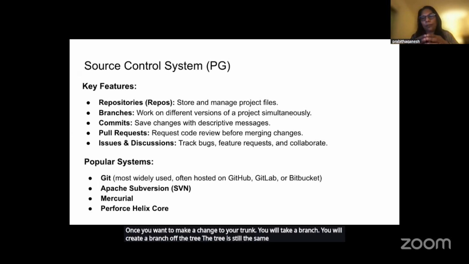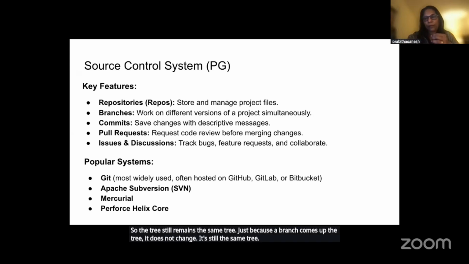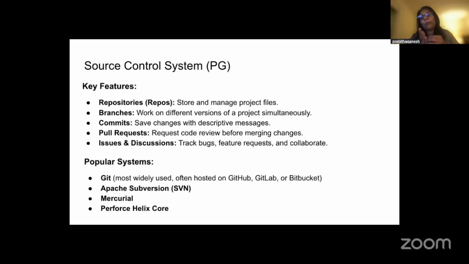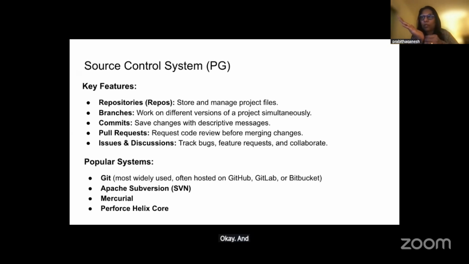Once you want to make a change to your trunk, you will create a branch of the tree. The tree is still the same tree. Just because a branch comes out of the tree, it does not change. And then what people do is they work off that branch.